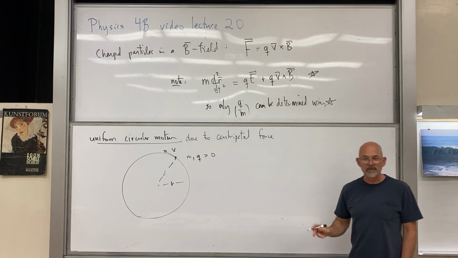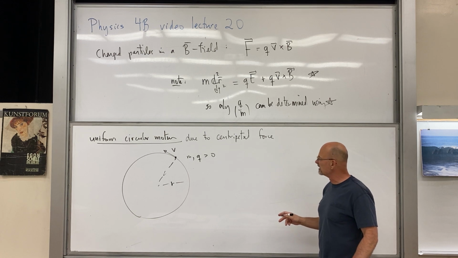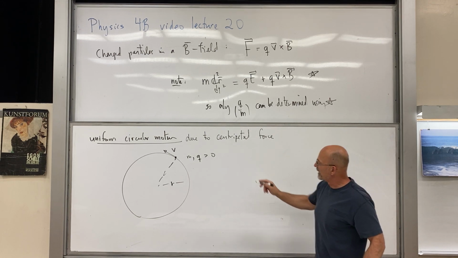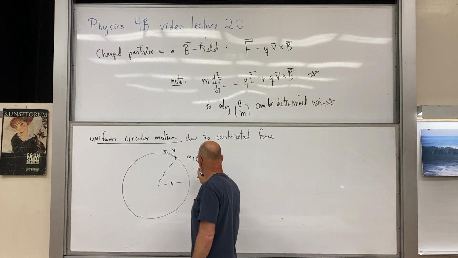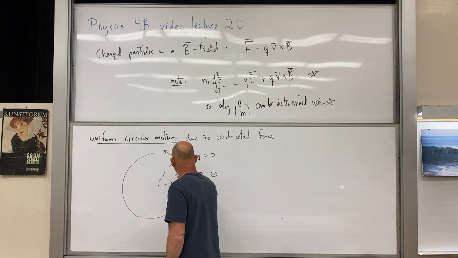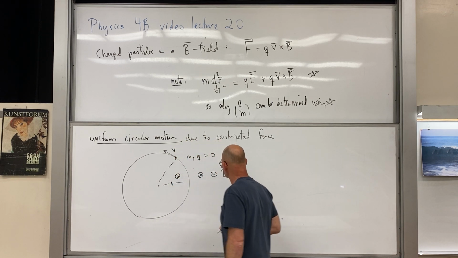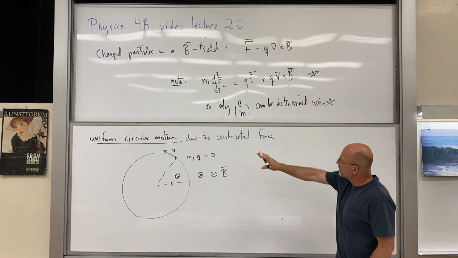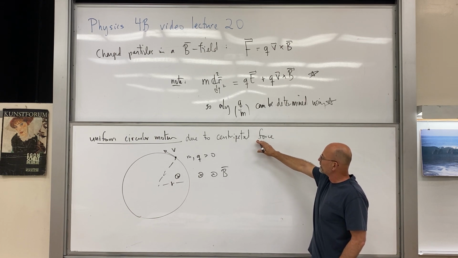It's often easiest just to work with a positive charge, and then if it turns out to be a negative charge, you reverse the sign, okay? So if we have a positive charge here, then we would have B into the board everywhere, okay? Into the board. Good, so uniform circular motion is due to centripetal force.